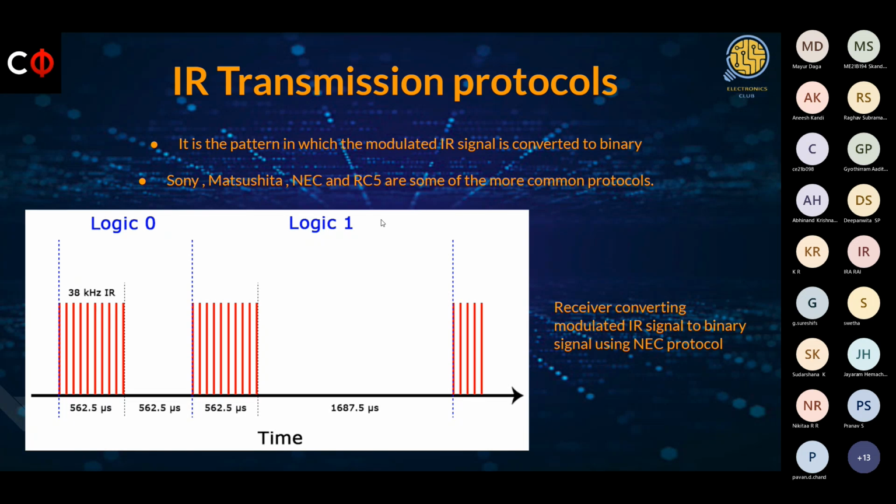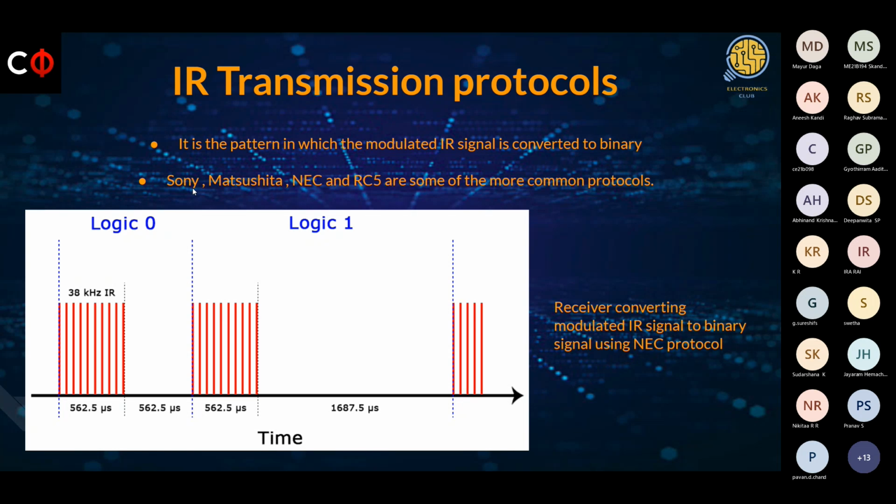Binary logic 1, that is high, is sent with a high pulse of 38 kilohertz signal for 562.5 microseconds, followed by a low pulse for 1687.5 microseconds. For logic 0, the 38 kilohertz IR signal is kept high for 562.5 microseconds and low for 562.5 microseconds.